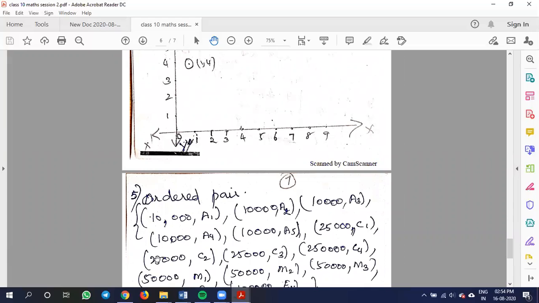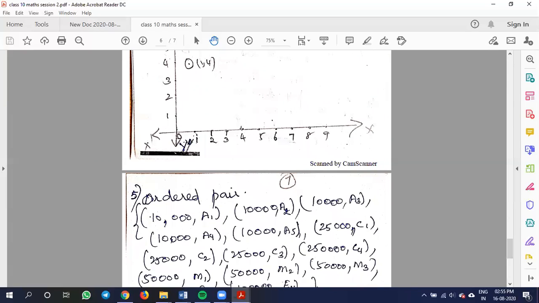Now, the last sum. I'll read it out. Since it's a very big sum, only the question is bigger, the answer is very, very small. A company has 4 categories of employees given by assistant A, clerk C, manager M, and executive officer E. So here you have 4 categories of employees.